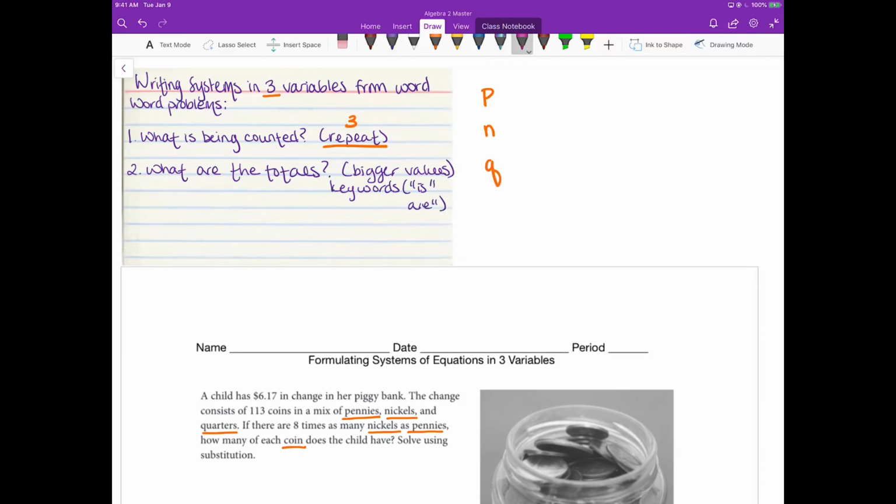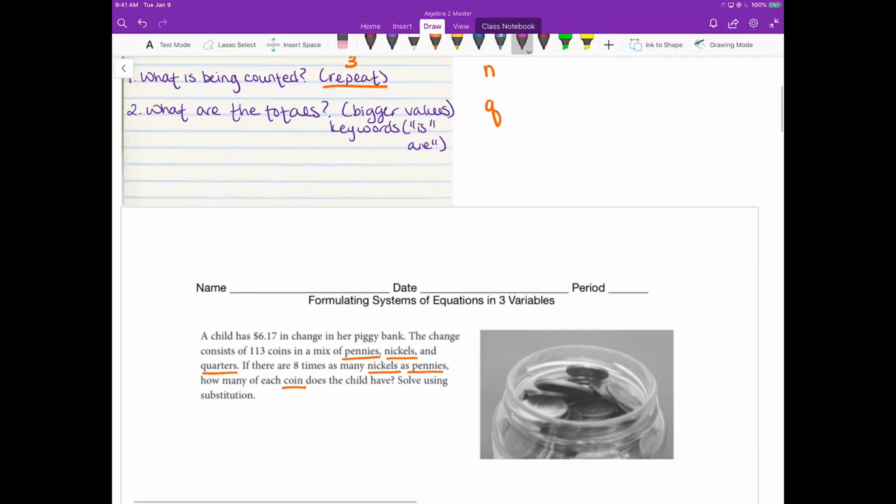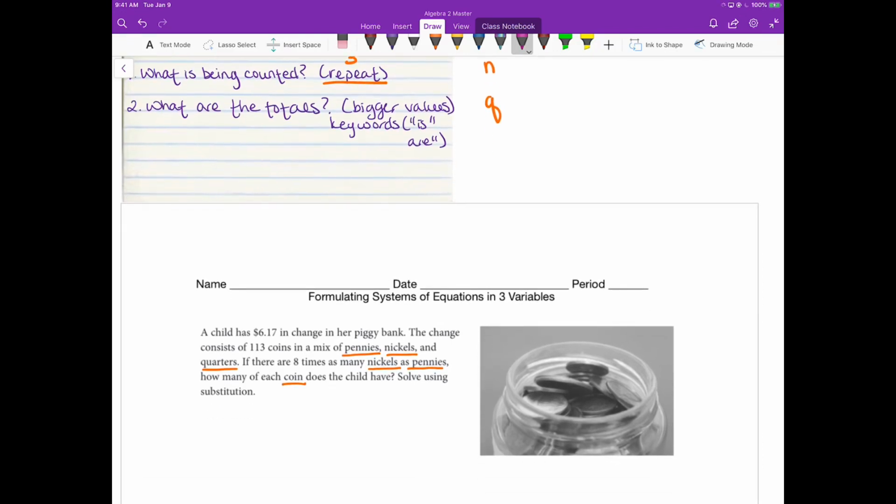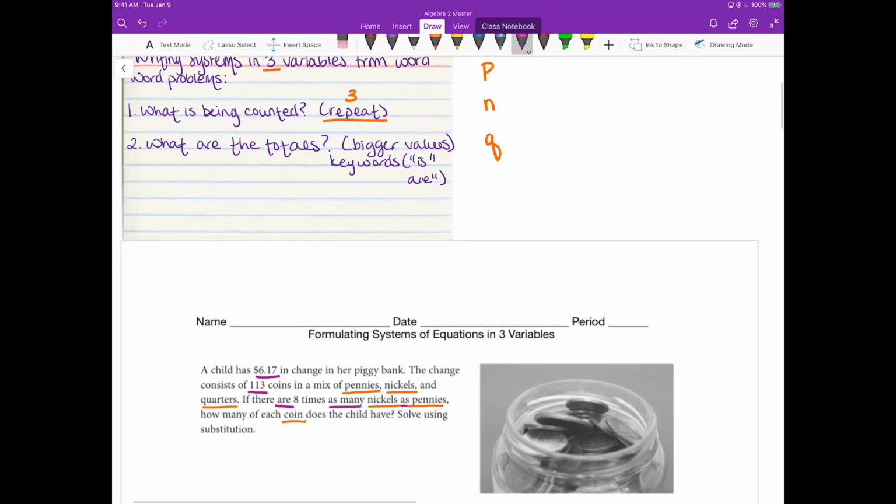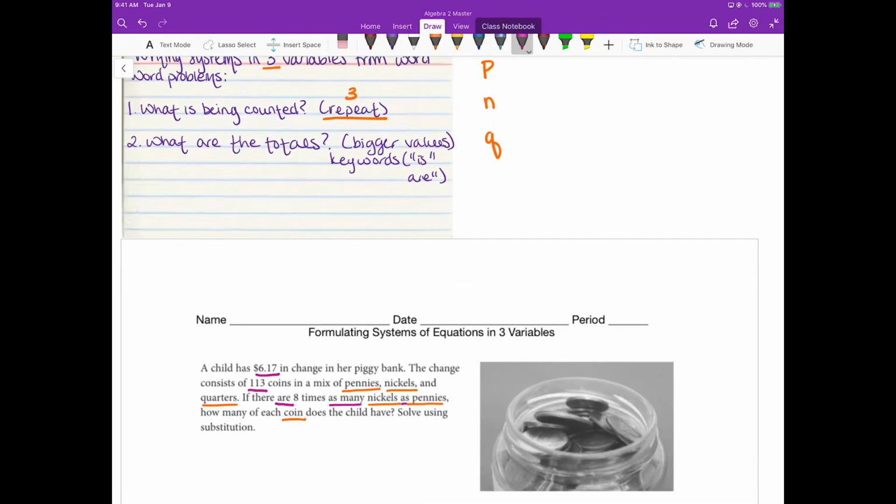And so I see that I've got a total of $6.17. I've got 113 coins, and then I've got this relationship here, 8 times as many nickels as pennies. So I can create 3 equations from this information.